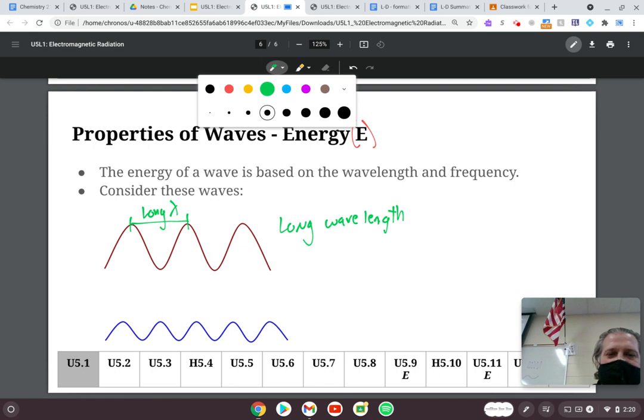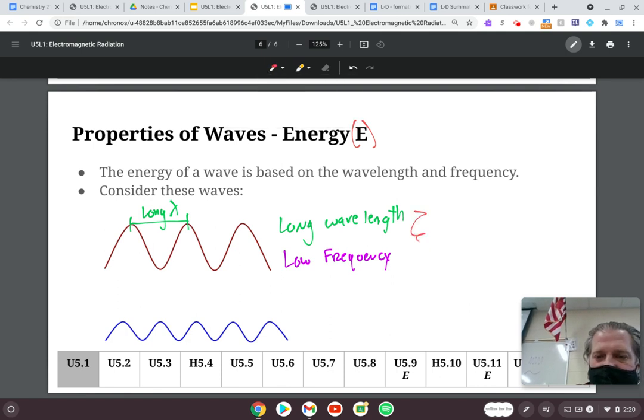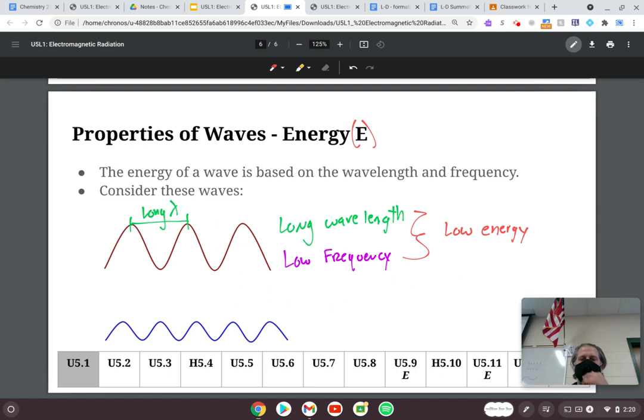And I can predict that because the wavelength is really, really long, that means I'm going to have a low frequency. And so what that really tells me is this wave would be considered to have low energy. So the longer the wavelength, the lower the energy, the lower the frequency, the lower the energy.